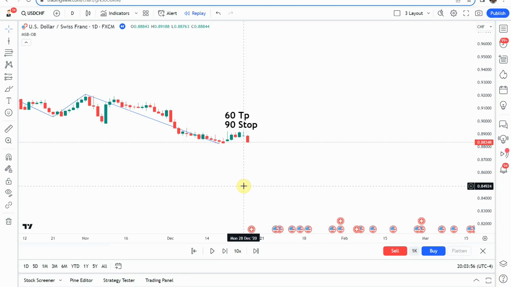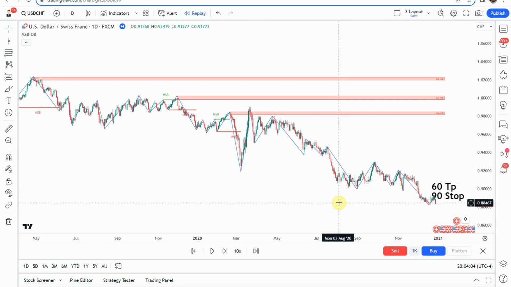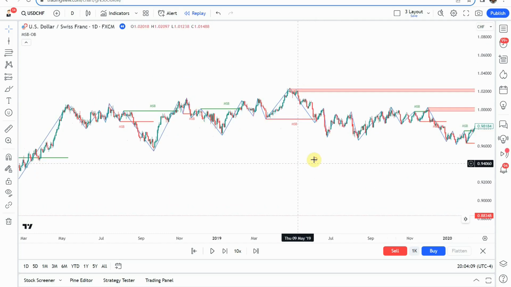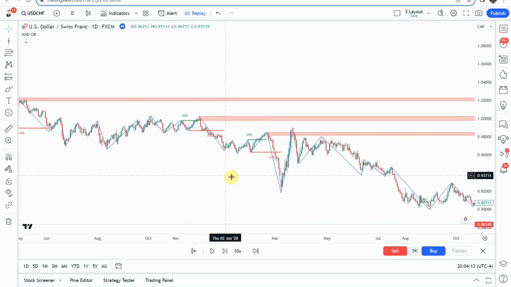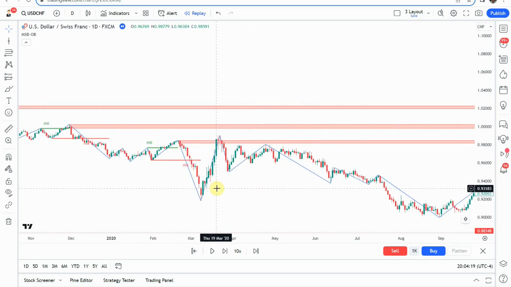Okay, so today we are testing the market structure break and order blocks indicator. And if I scroll back here, you can see it better on screen there. And so this indicator is using the zigzag indicator, and it is creating these areas of support and resistance, or order block areas, if you will.